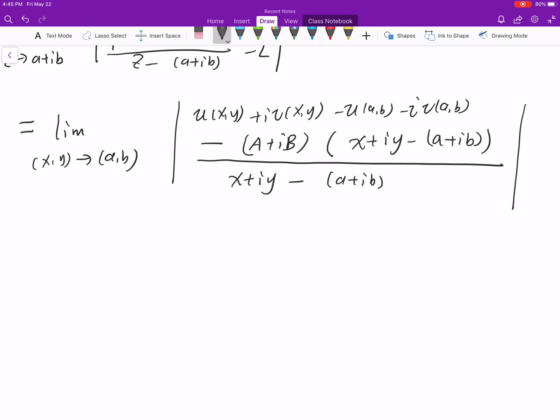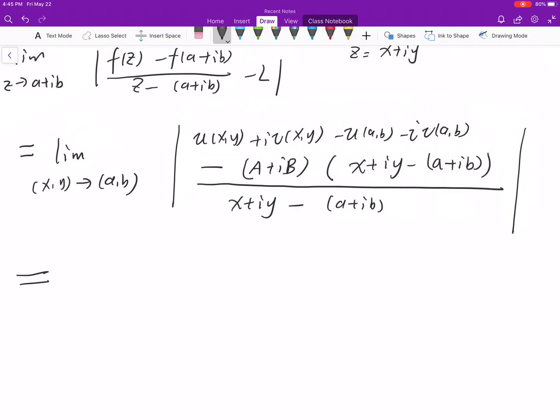Then you can split this into real part and imaginary part, I omit this and leave it to you. Then you will have that A is partial u partial x, and also partial v partial y.